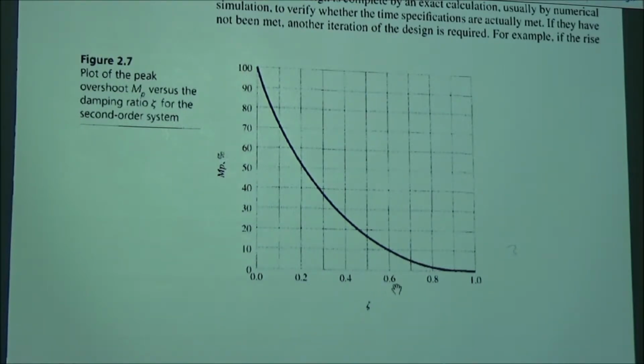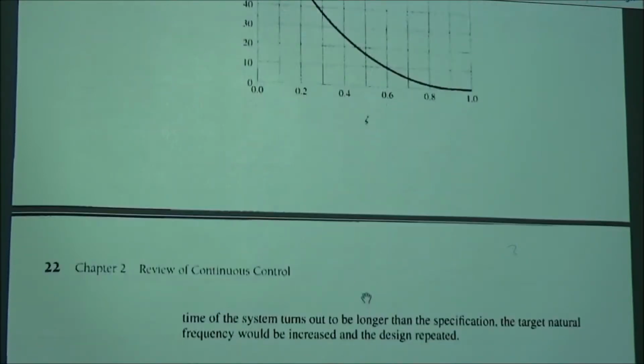If you have, let's say, 0.7, you have maybe about 5%. If you have 10% overshoot, it's roughly 0.58 zeta. So once you know what percent overshoot you want, you find zeta, you move that zeta to the S-plane, you know where you're supposed to end up.